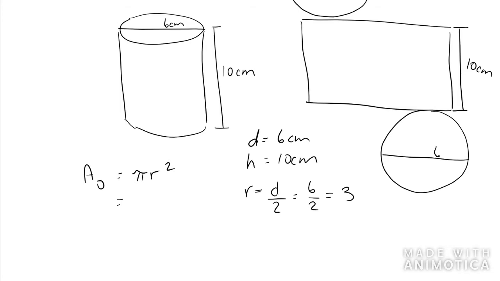But the button will look like this. So now we have pi times 3 squared. And remember, when we looked at Pythagorean theorem, we talked about squares. So that's the same as saying pi times 3 times 3.